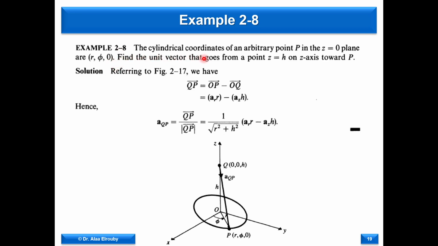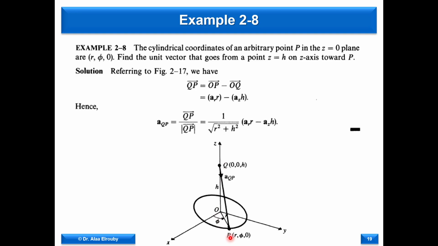We need to find the unit vector that goes from a point with z equal h, on the z axis, which we'll call Q, towards B. So we have a point B, an arbitrary point in the xy plane, and another point Q on the z axis, and we want to calculate the unit vector from Q to B. So the first thing is to write QB, the vector that goes from Q to B.